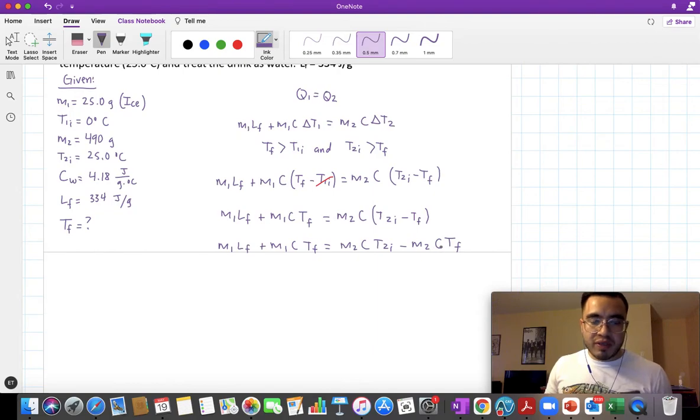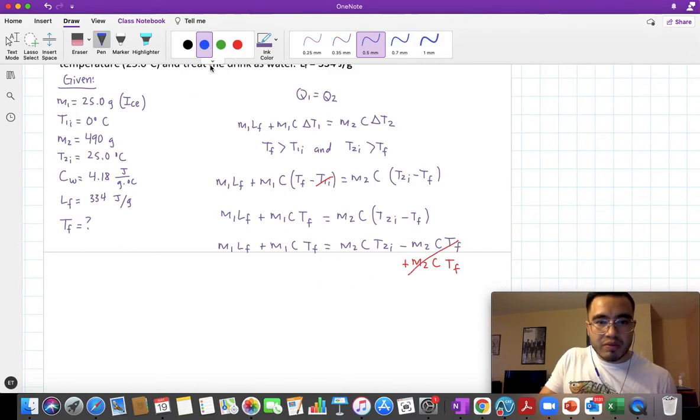I'm going to move this term with the temperature final to the left, and this term with the latent heat to the right. So plus mass 2 specific heat temperature final, so that it cancels. I'm going to write it down over here, plus mass 2 specific heat temperature final.